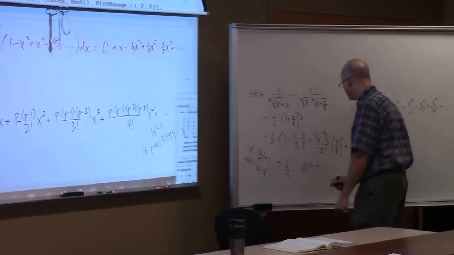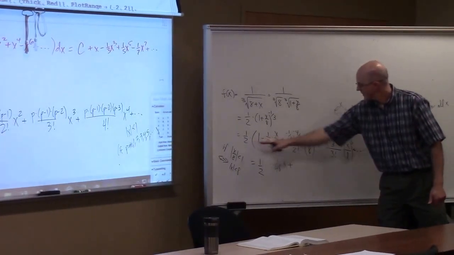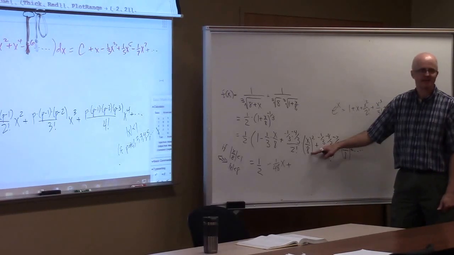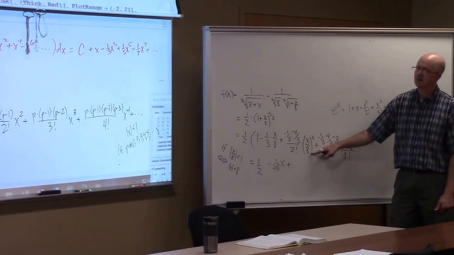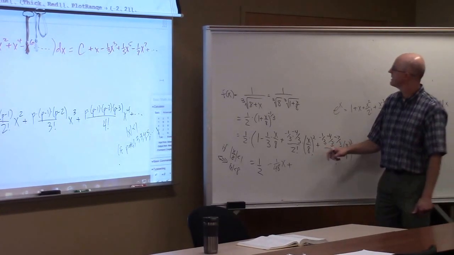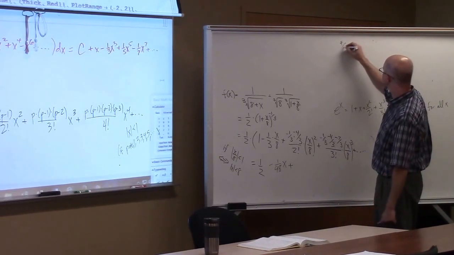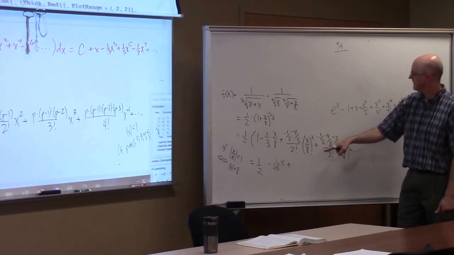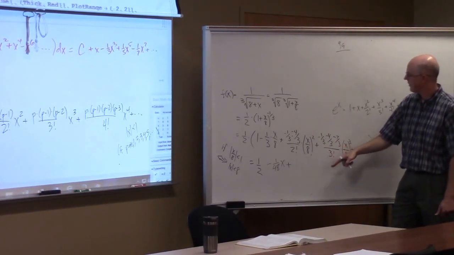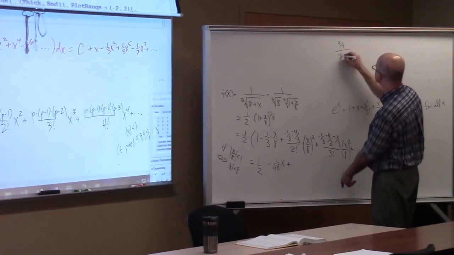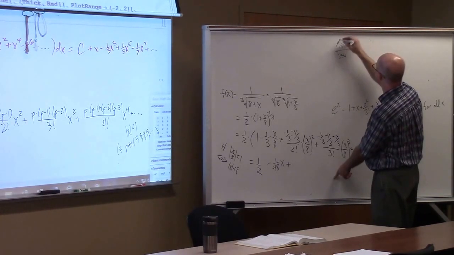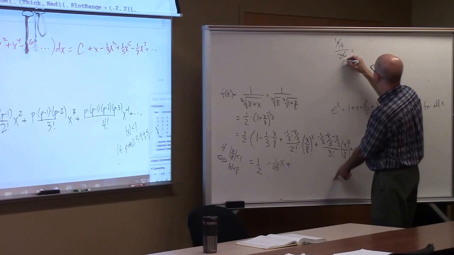Plus what? Let's see. 2 times 2 is 4. 8 squared is 64. On top we have 4 times 9, that times that. And the bottom we've got 64 times 4, 256. What will that be? I can reduce a little bit.